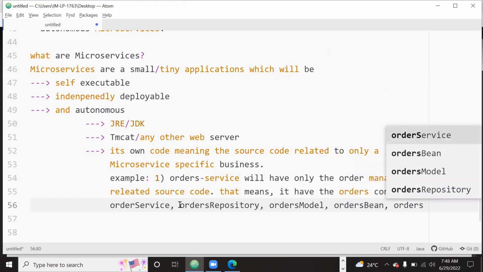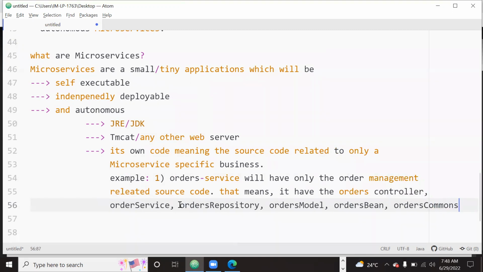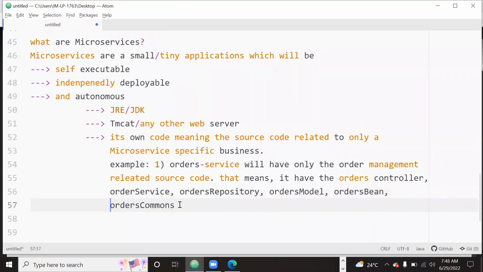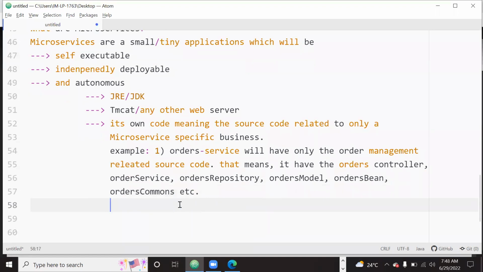Then orders commons, etc. But it doesn't have the product related source code anywhere, or any product related referential integrities.